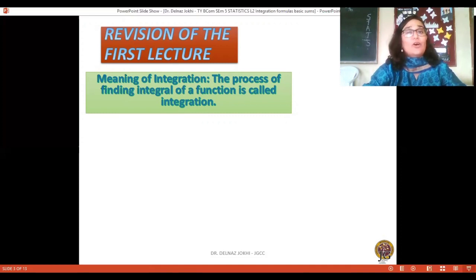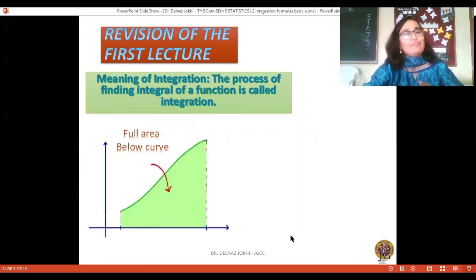This is a very important technique of calculus which helps you find the area below the curve. If you remember this graph, if you want to find the full area below the curve, you use the concept of simple, or indefinite, integration, because integration means summation, which helps you find the area below the curve.